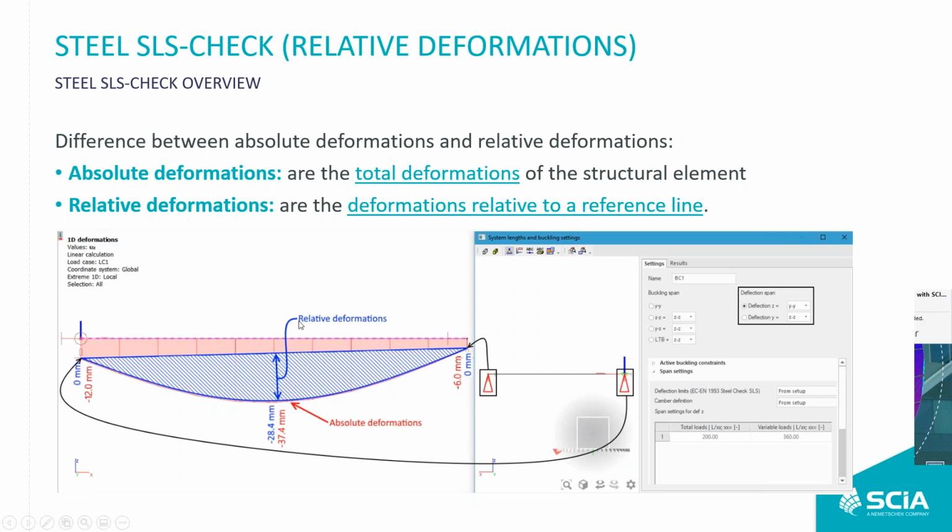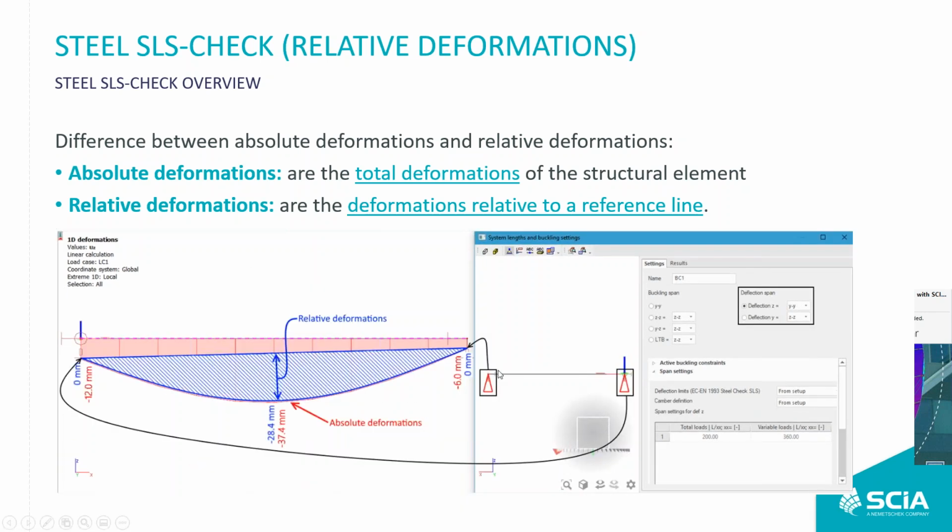And the check is nothing more than these relative deformations divided by your deformation or your deflection limits, which are defined right here in a relative way. Now you can say 1/200 or 1/360, which means the span length divided by 360, that amount of millimeters is your limit. And that gives you the unity check, in fact.